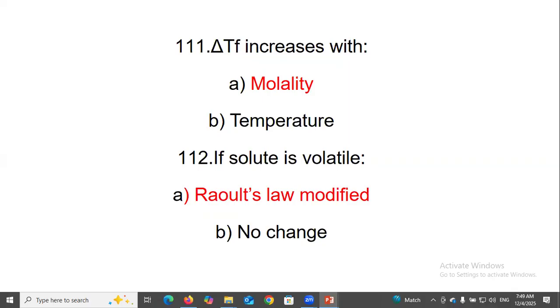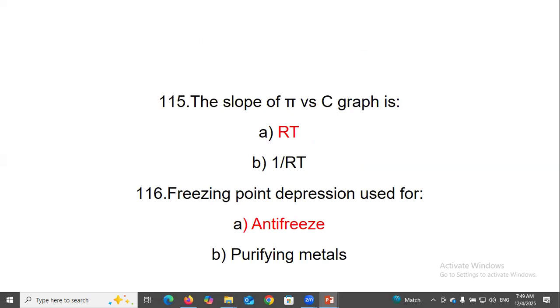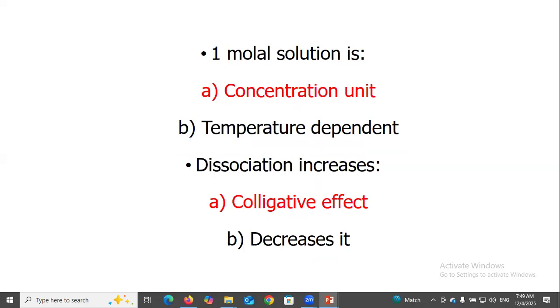If the solute is volatile, Raoult's law is modified. When a solute is added, vapor pressure always decreases. Osmotic pressure is a thermodynamic phenomenon. The slope of the pi versus C graph is RT. Freezing point depression is used for antifreeze. Molality is a concentration unit.